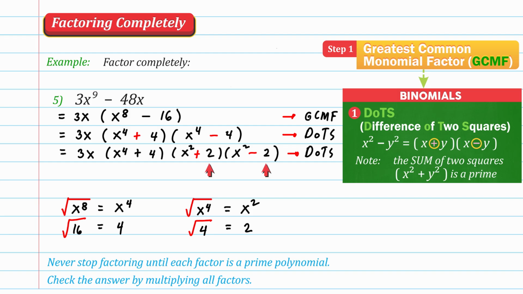The terms of these binomial factors are now neither perfect squares nor perfect cubes, so they are already prime. So, the completely factored form of 3x to the 9th minus 48x is 3x times the quantity x to the 4th plus 4 times the quantity x squared minus 2 and the quantity x squared plus 2. And that's how you factor this completely.